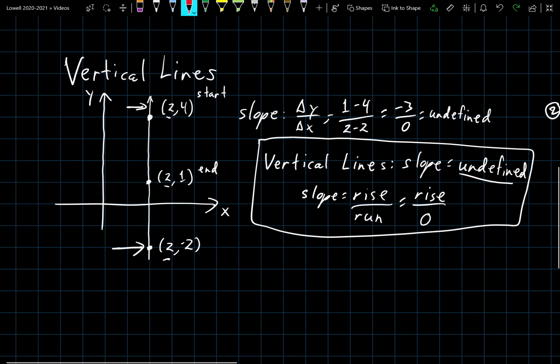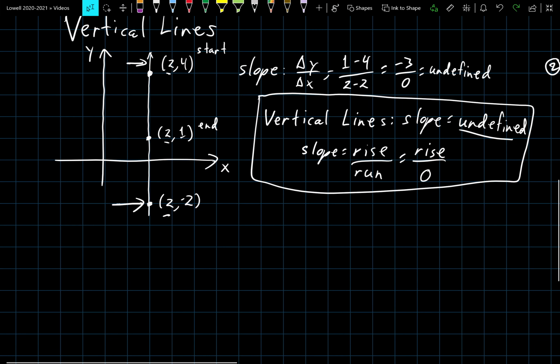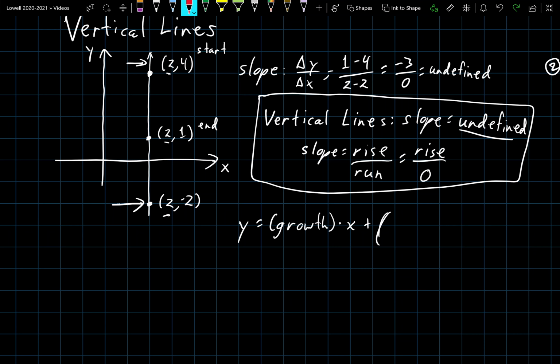Okay, so now that we talked about the slope being undefined, now we can talk about the actual equation of the line. This is kind of weird though, because we're so used to seeing our equation as y equals the slope times x plus the starting value.